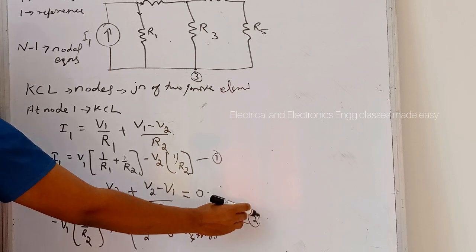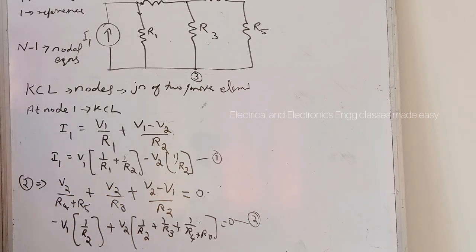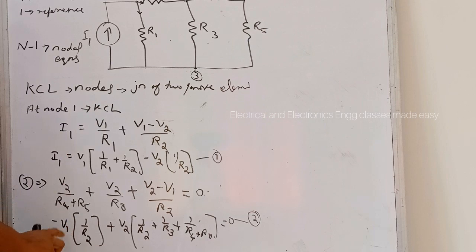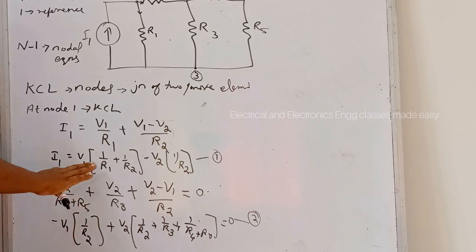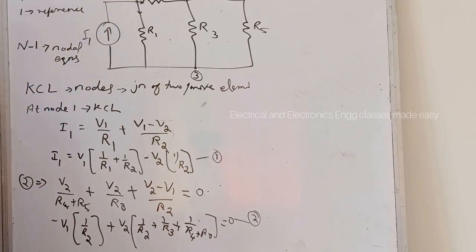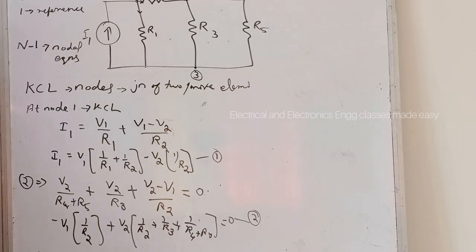So this is the second nodal equation. From these two equations, we can find the unknown voltages at each node. So this is the method for nodal analysis.